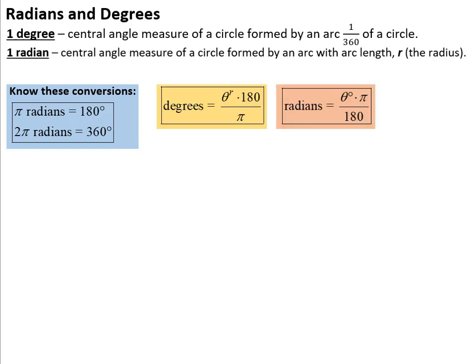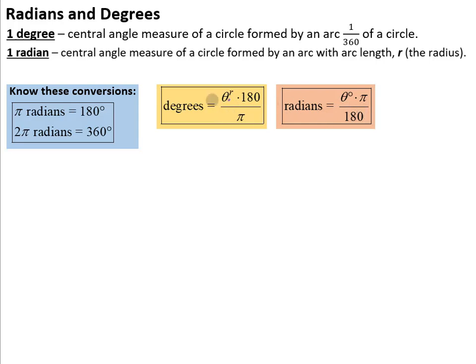Okay, well, how do I directly convert? If I want my answer to be in degrees, we're going to take our radian measure, which will usually have pi in it, multiply it by 180, and divide by pi. If we want our answer to be in radians, we multiply our degree measure by pi and divide by 180.